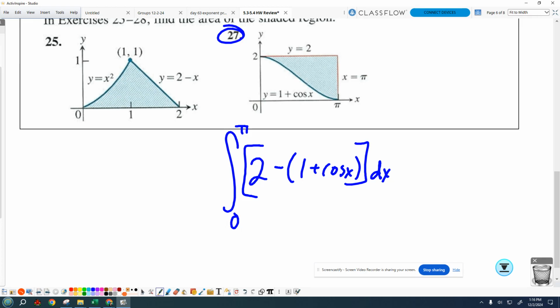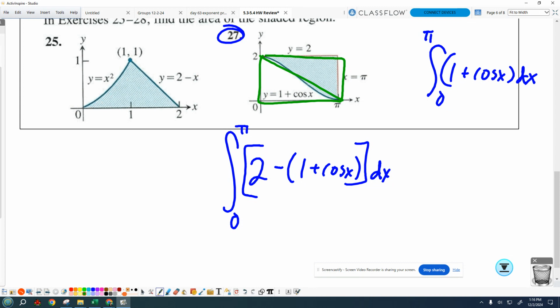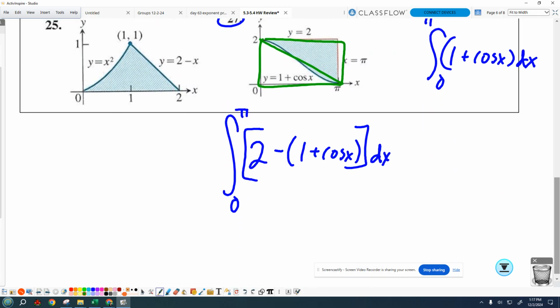Someone in first period said, well, it's 0 to pi integrated 1 plus cosine x, because it's symmetrical, the top and the bottom are the same, which then made someone else say, well, since it's symmetrical, it's a rectangle that's 2 by pi cut in half. So it's just pi. They didn't do any integration. They all give you pi. Some are just easier than others. Easy as pi. Get it?